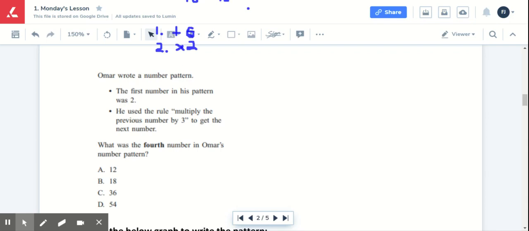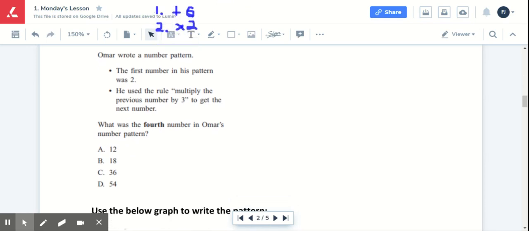Now, Omar wrote a number pattern. The first number in his pattern was 2. He used the rule multiply the previous number by 3 to get the next number. What was the fourth number in Omar's number pattern?